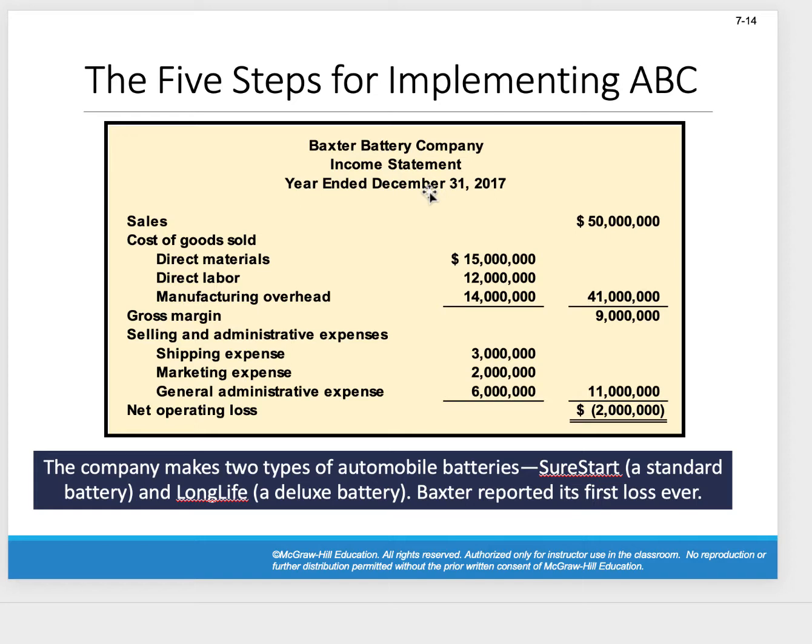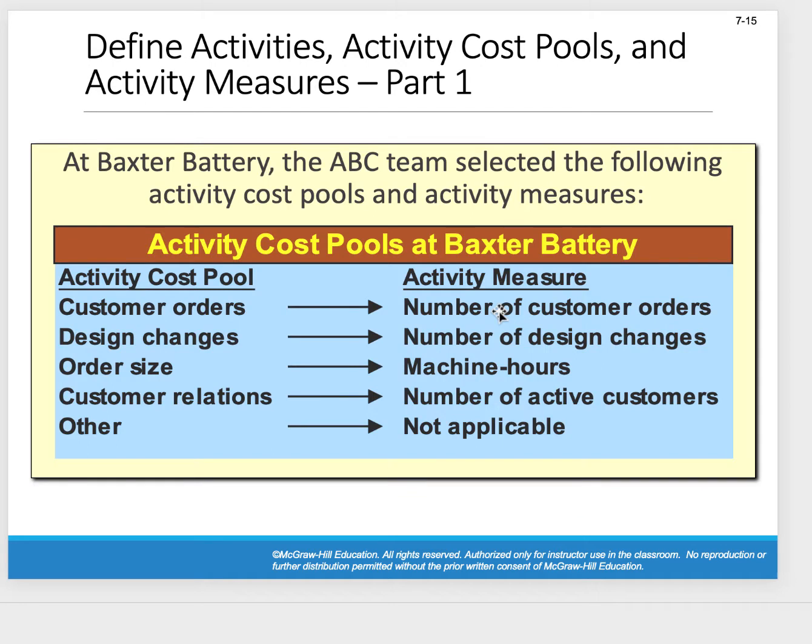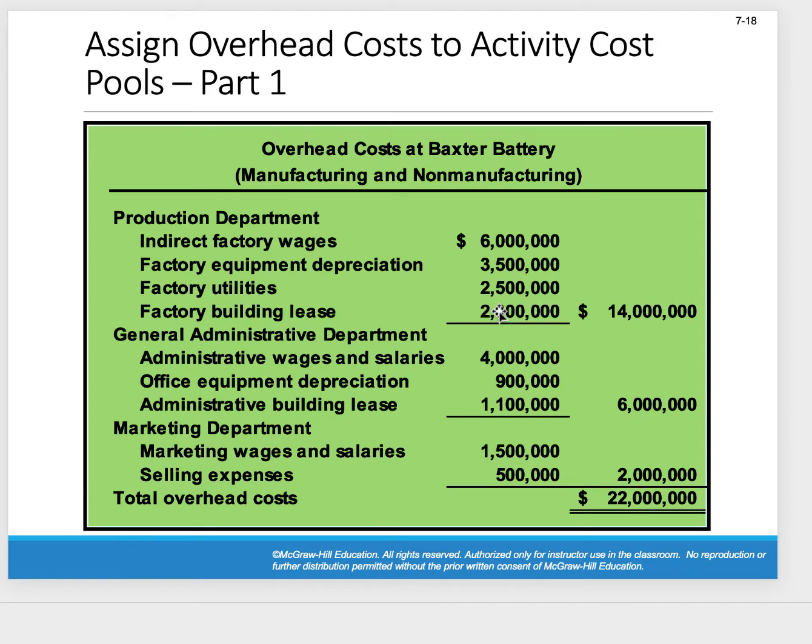Okay, that differs from the 14 million overhead costs that we have here, right? The reason why is because look what we're including. We're including the production department. Those are all our product costs. But we're also including our non-manufacturing costs as well.